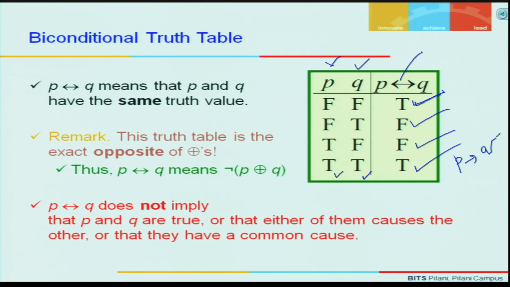When I know that the compound statement P if and only if Q is true, and I somehow know that P is true, then I can confidently conclude that Q is true. Otherwise I can't say that. If I know the truth value of the compound statement and of one proposition, then I will be able to comment on the other, but otherwise not.